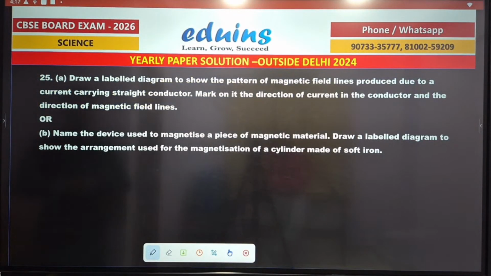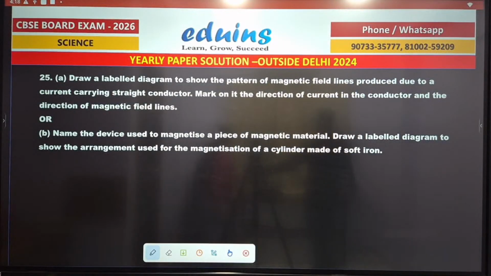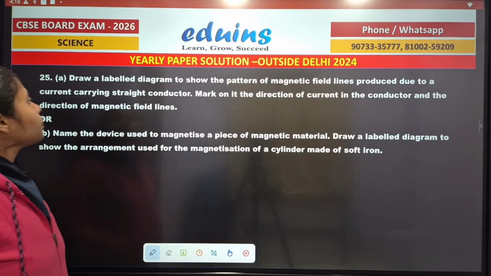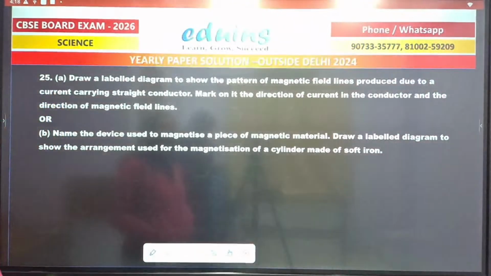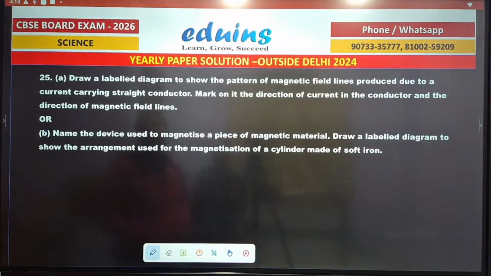So to solve this question, ma'am, please come. Okay. So, what is the question? Draw a labeled diagram to show the pattern of magnetic field lines produced due to a current carrying straight conductor.